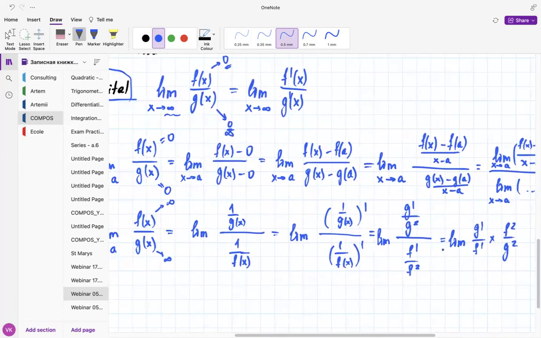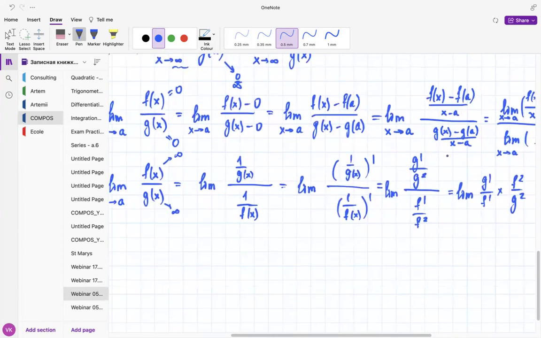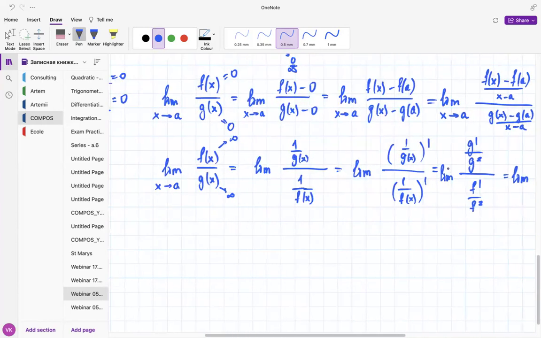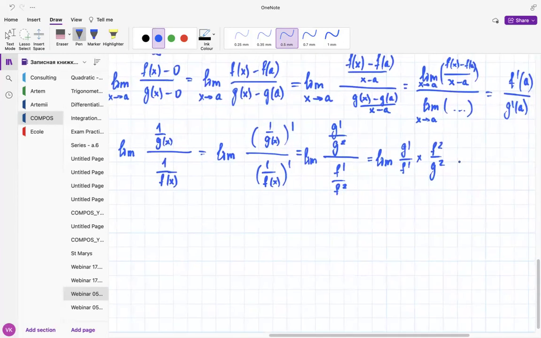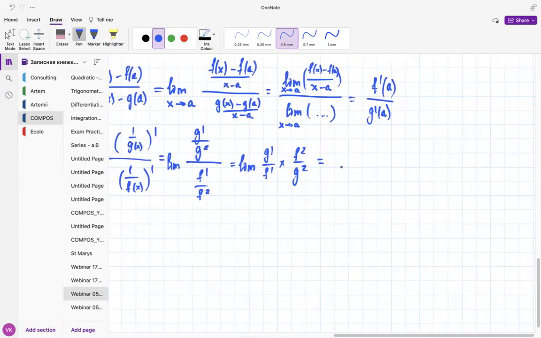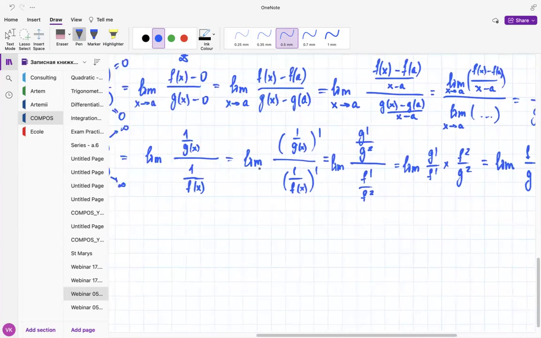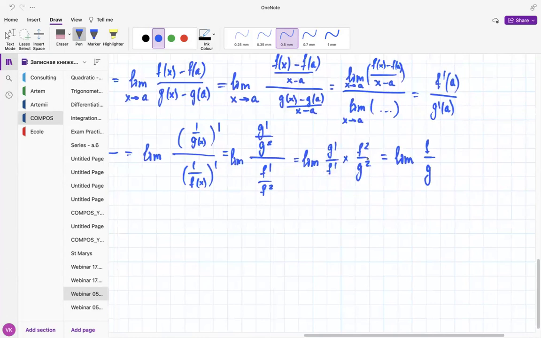Again, using all the properties for the limits, I can rearrange it so you can see that I can divide by f over g, and divide by g prime f prime. So let me just rewrite this left-hand side here so you can see what I actually do. That was the limit of f over g. We started with that. And now we came to this limit of such a thing.